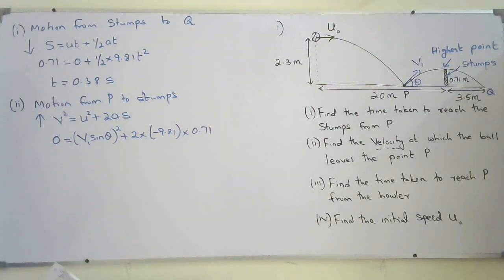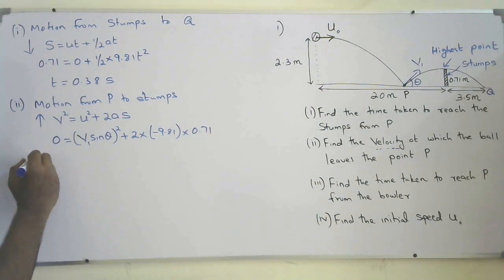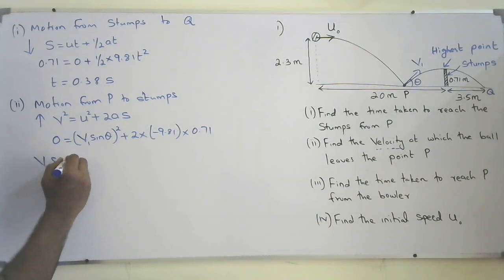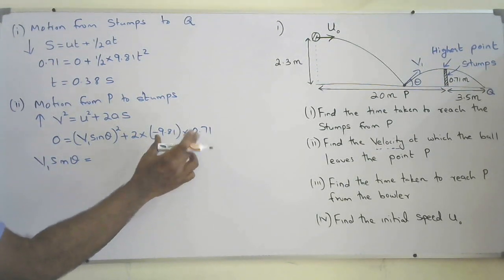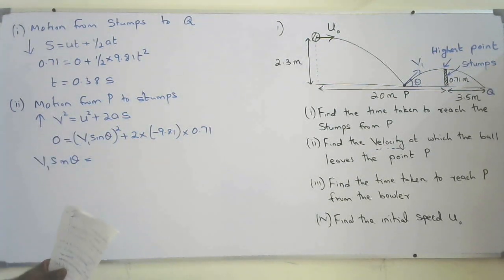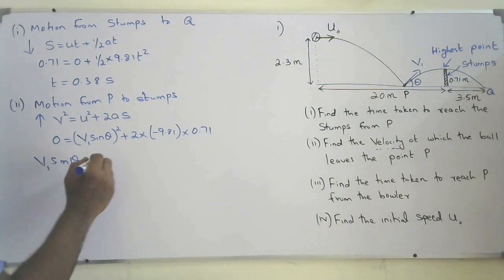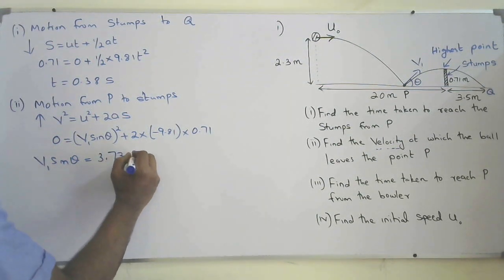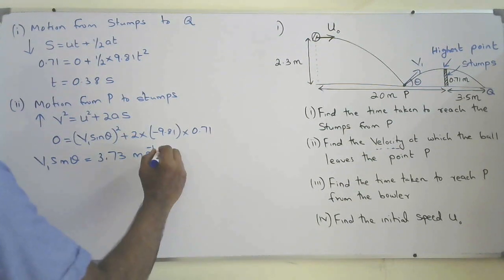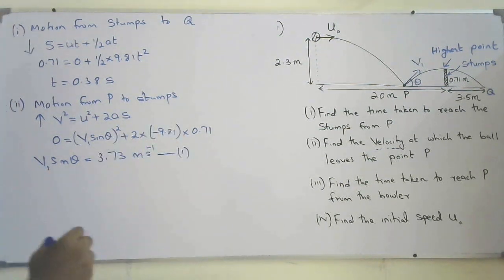From that I can find V1 sine theta, the vertical component of the velocity. Bring it to the left and take the square root. So V1 sine theta will be equal to 3.73 meters per second. You can take this as equation 1.